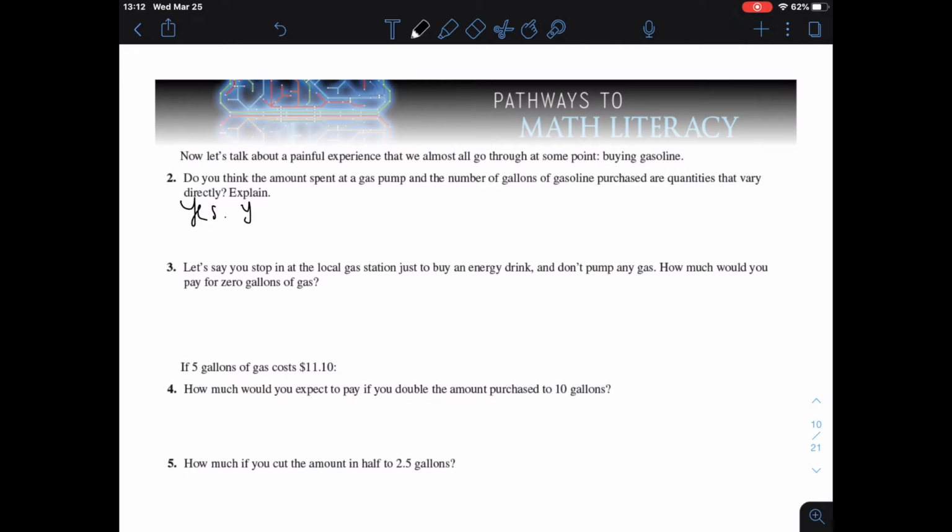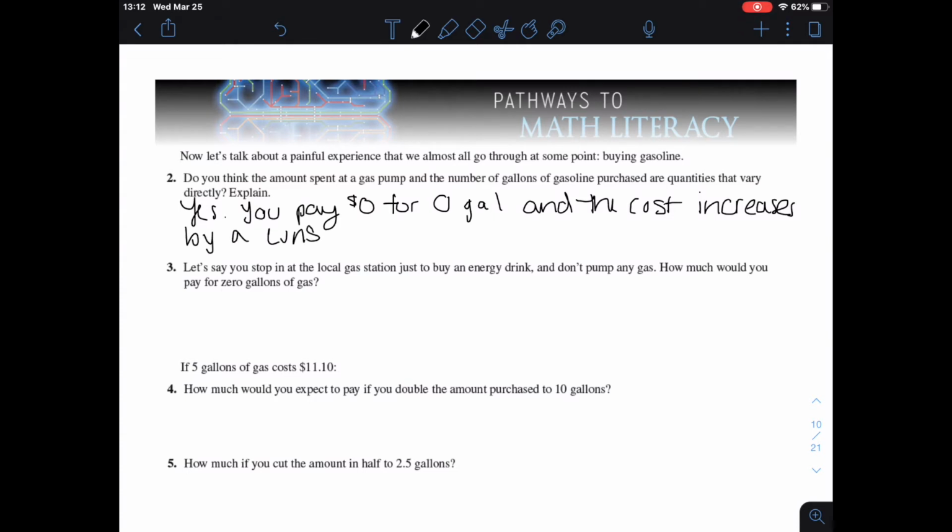So you pay $0 for 0 gallons, and the cost increases by a constant multiple for each gallon you purchase.